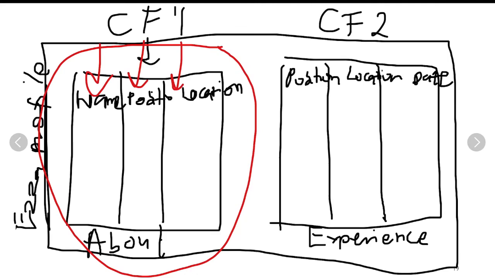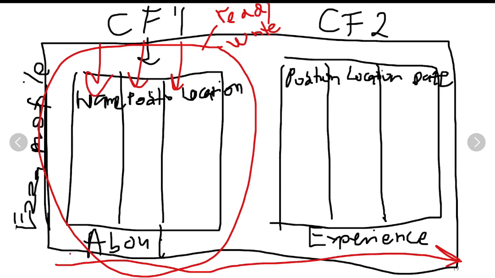So the usage of column family here is to reduce the time to read and write the database. Instead of reading all of the columns here, from here up to here, because this is the same record, for Iza's record.